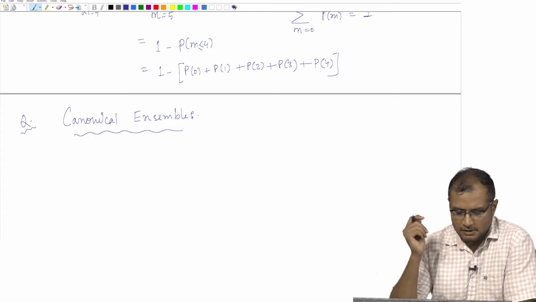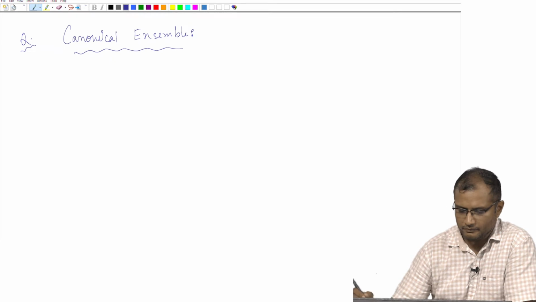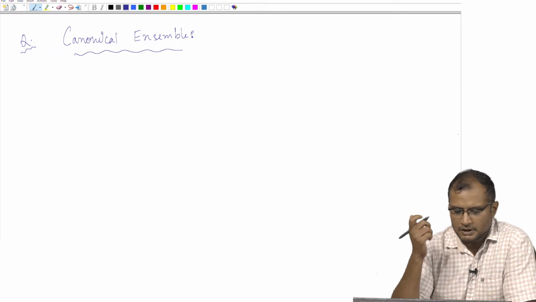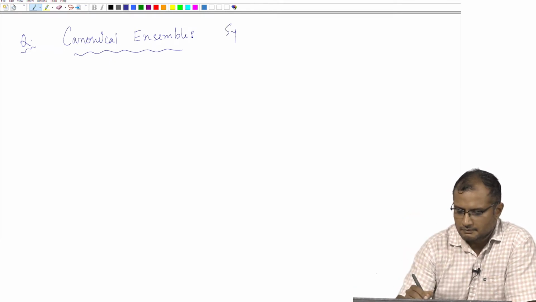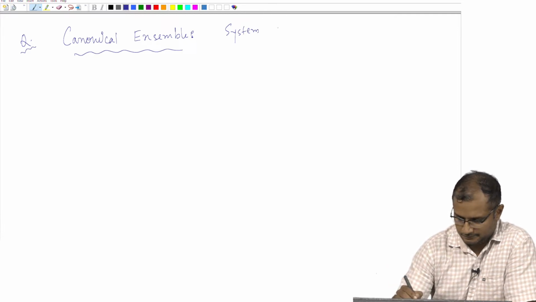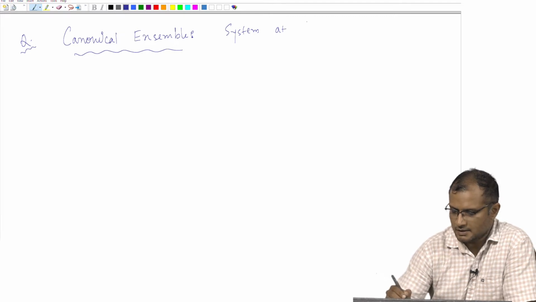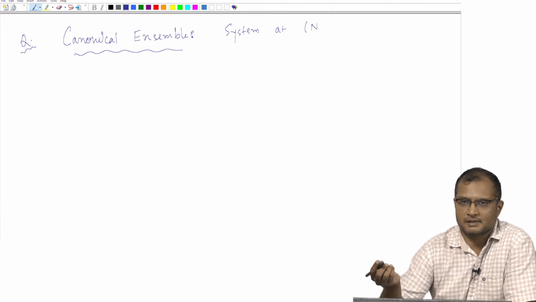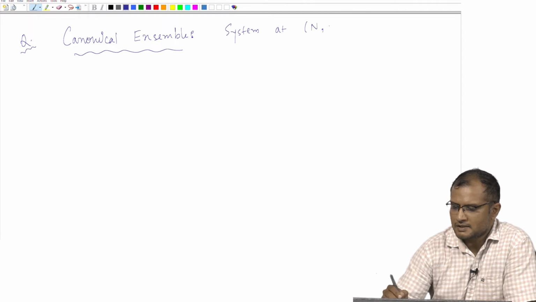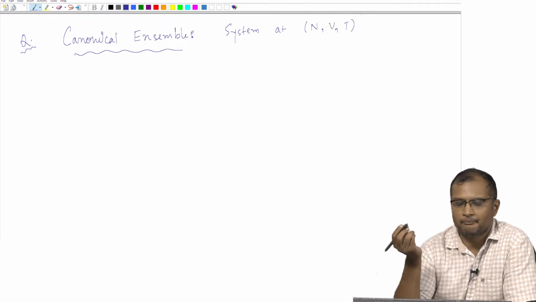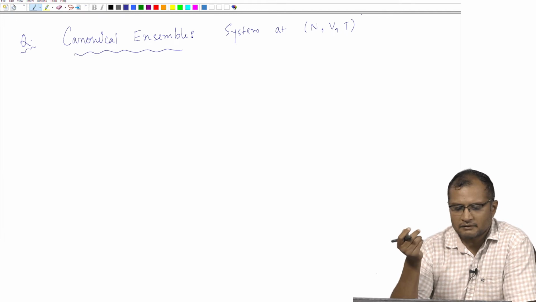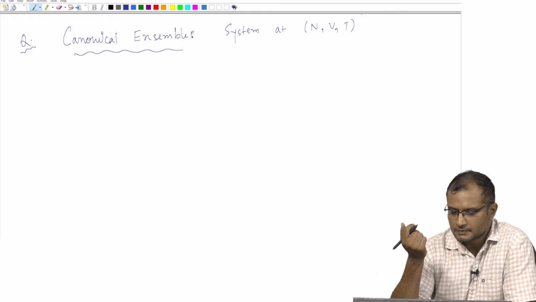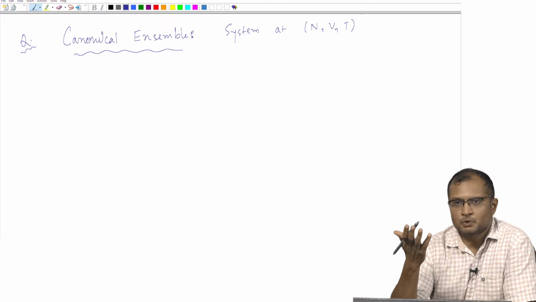So, in the canonical ensemble, we know that the system under consideration is at constant, if I take an ideal gas as a working system, it is maintained at constant N, V, T. So, suppose if I asked you to compute, let us say, to compute the equation of state.